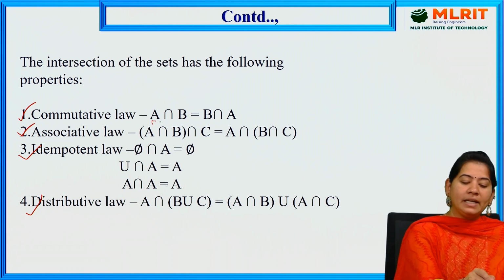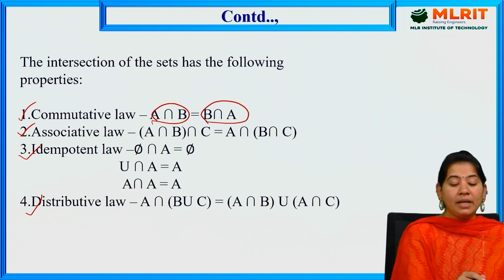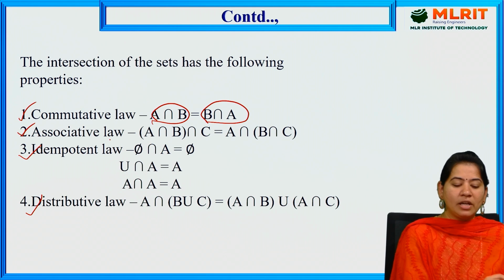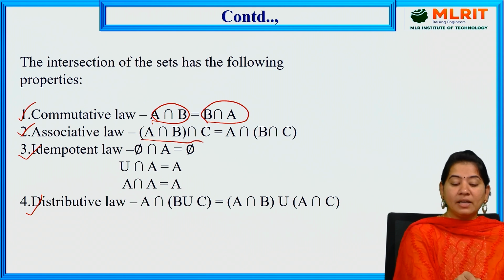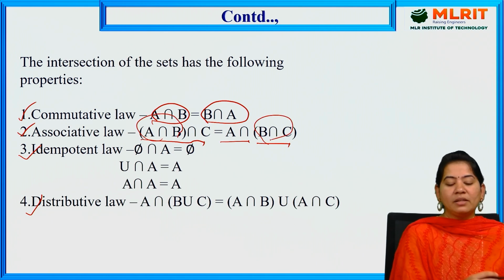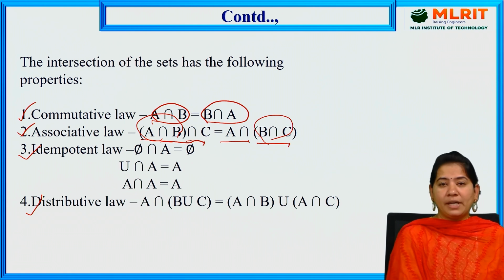So A intersection B is equal to B intersection A, that is the commutative law. Associative law means A intersection B intersection C is equal to A intersection B intersection C, where you give brackets around A intersection B or B intersection C, but the meaning will not change, because we have the same operator.